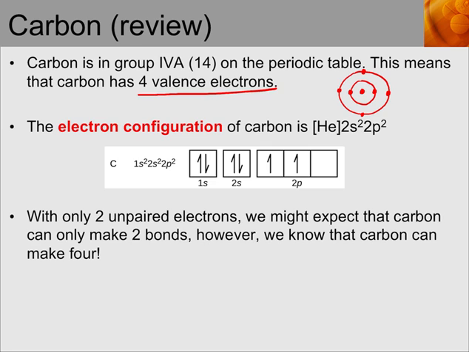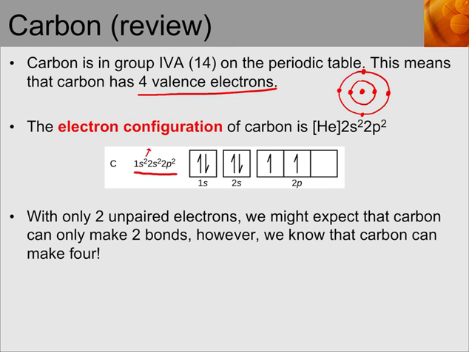Now we could also write the electron configuration for carbon using orbitals, sublevels, energy levels, all of that. So if you're a little rusty on electron configurations, I recommend going back and reviewing that. But we'll just briefly go over it. So carbon has the electron configuration 1s2, 2s2, 2p2.